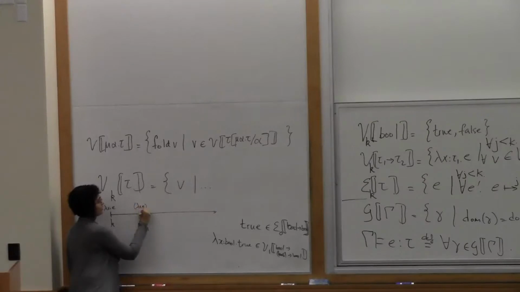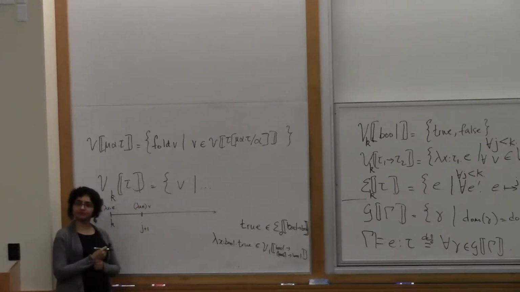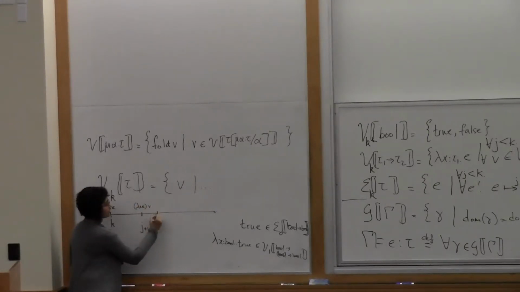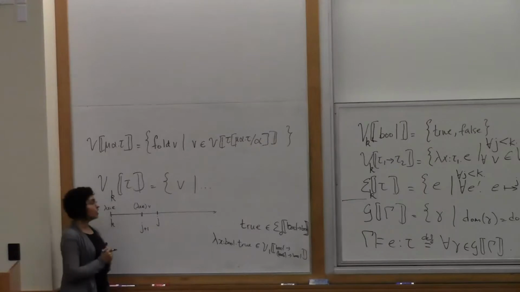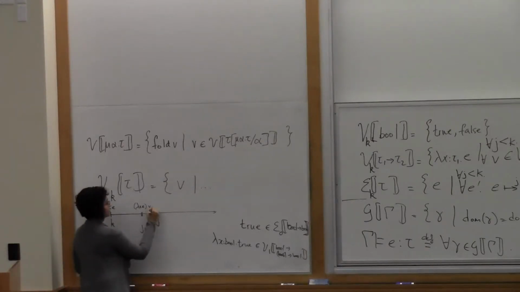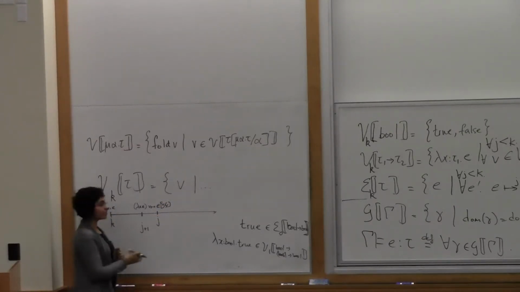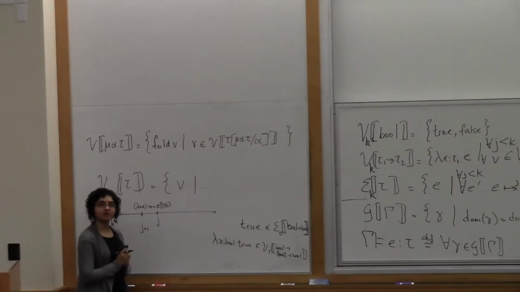And now we're going to take our lambda x dot e and apply it to that value. This beta reduction step is going to eat up exactly one step. And now you will have j steps left. So at this point, this expression will have stepped to e with v for x. That's what we have when we have j steps left. So now we just need to show that the e with v for x is good for the remaining j steps.